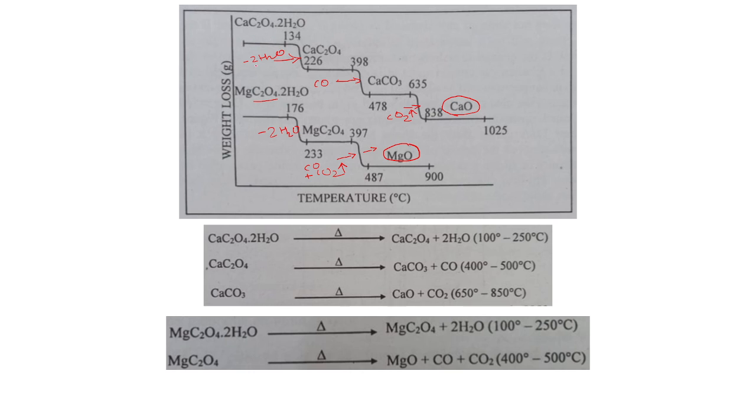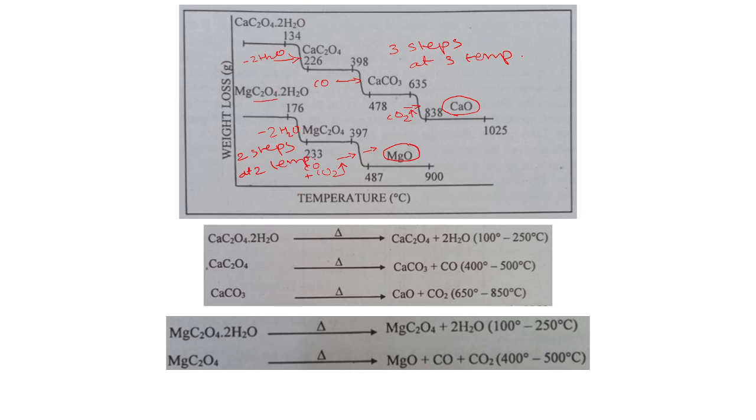This is calcium oxalate, this is magnesium oxalate, but calcium oxalate decomposes in 3 steps, means at 3 temperatures, whereas magnesium oxalate decomposes in 2 steps, at 2 different temperatures.